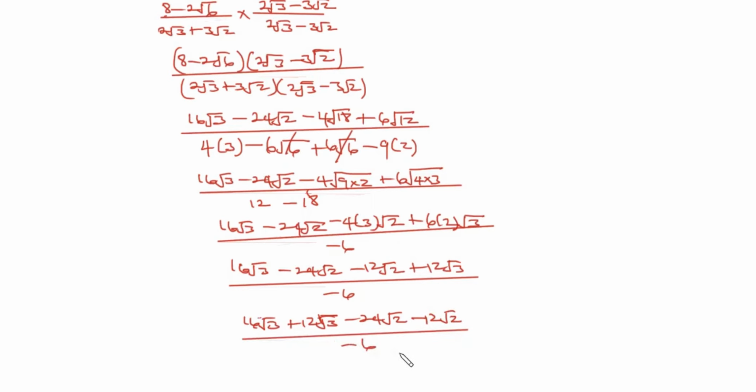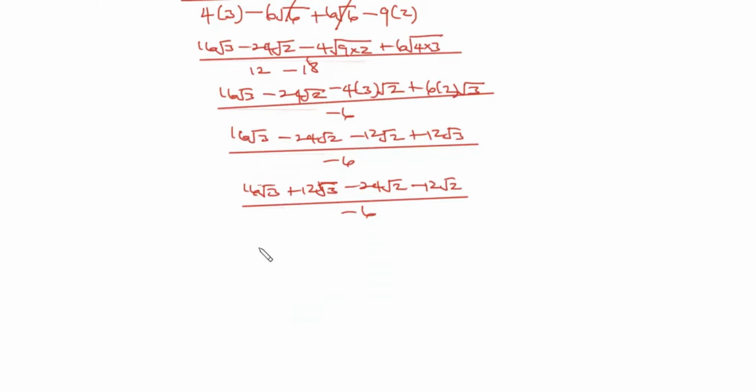So we continue solving this. We add these two together: 16√3 plus 12√3 is 28√3, and minus 24√2 minus 12√2. They are alike, we add them.